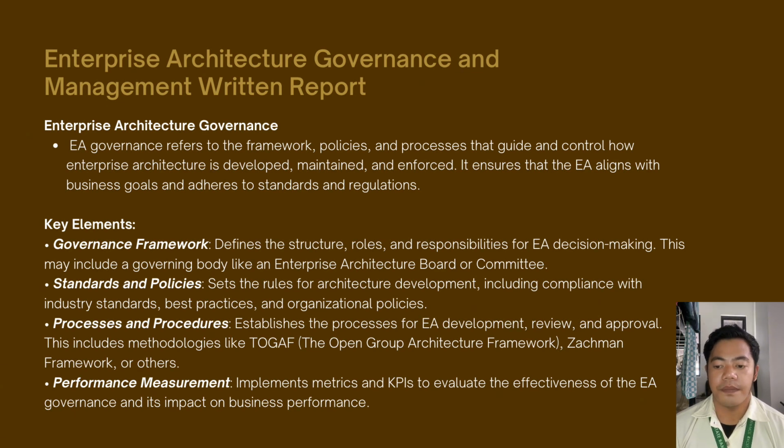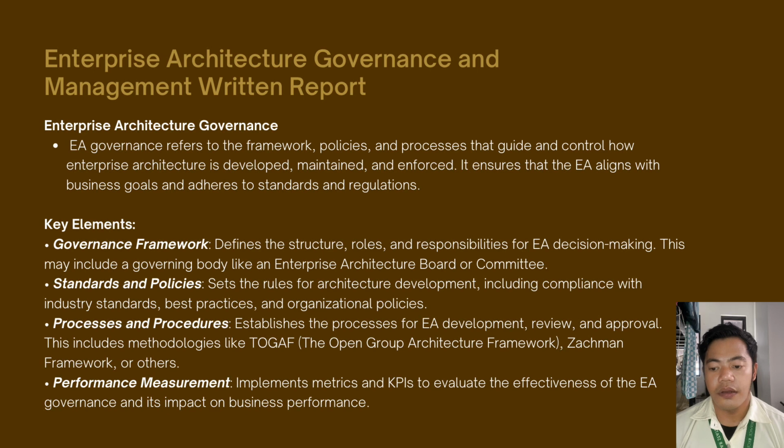Key elements. Governance framework defines the structure, rules, and responsibilities for EA decision making. This may include a governing body like an enterprise architecture board or committee. Standards and policies sets the rules for architecture development, including compliance with industry standards, best practices, and organizational policies.